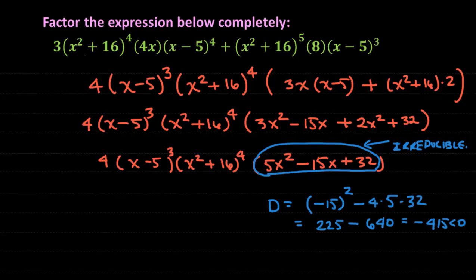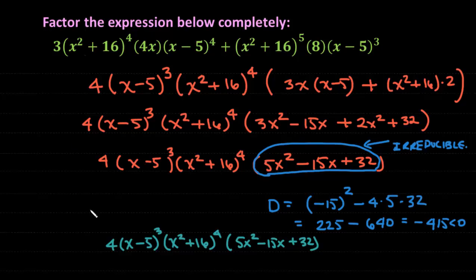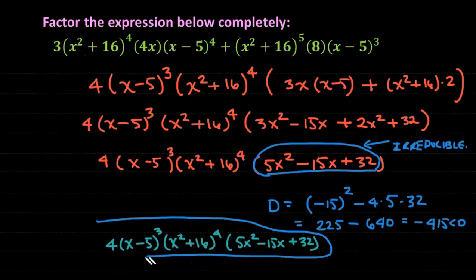And so then we have all the factors. We have 4 times (x minus 5) raised to the third power times (x squared plus 16) raised to the fourth power times (5x squared minus 15x plus 32). And we're done.